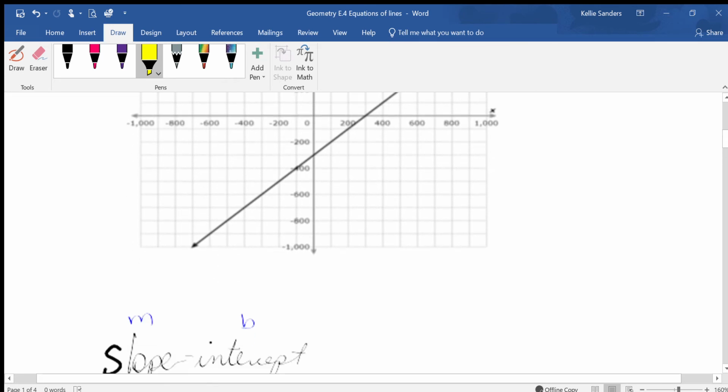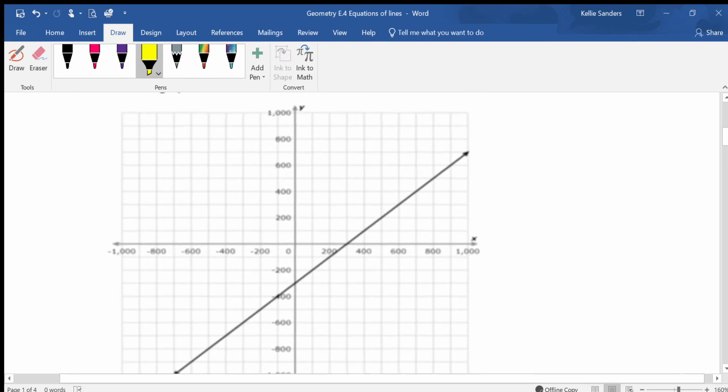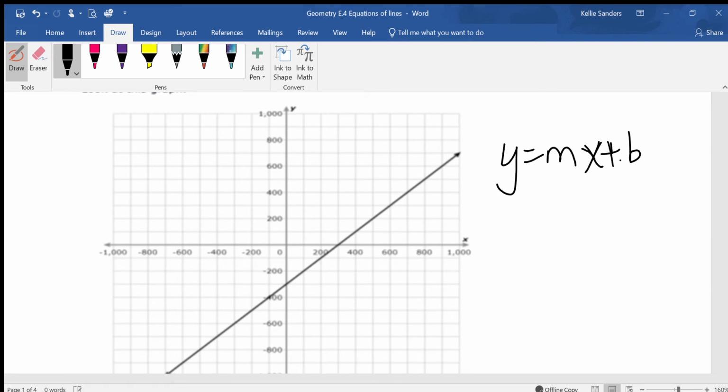Okay, to write an equation of a line, and this wants slope-intercept form. Slope-intercept form is y equals mx plus b. If they want slope-intercept form, we must have two things.